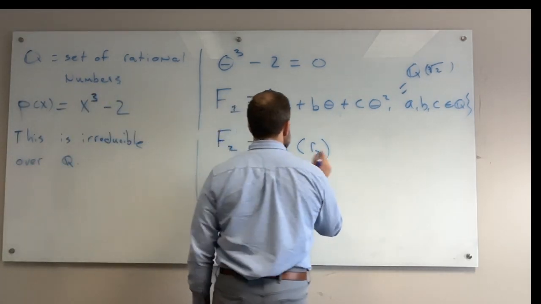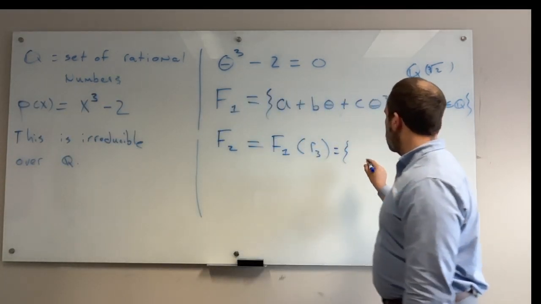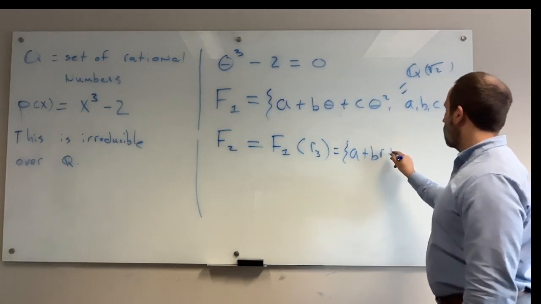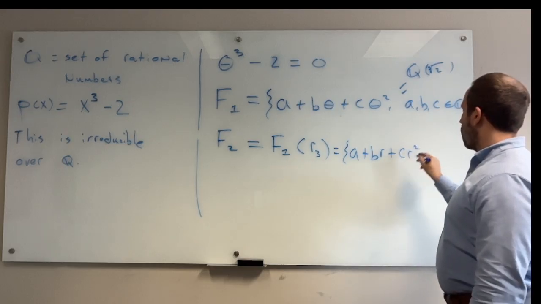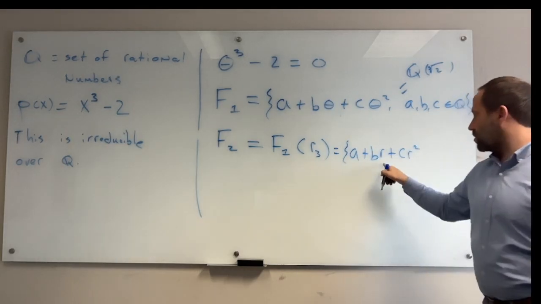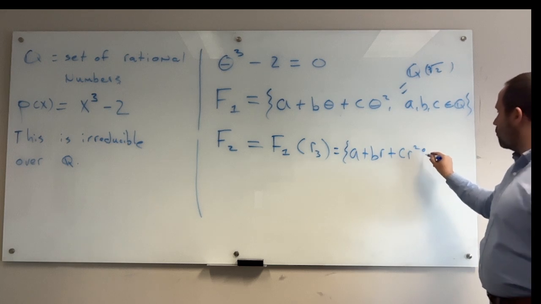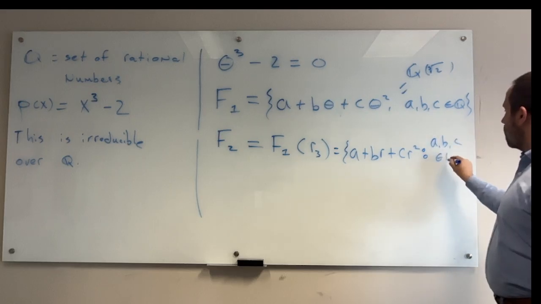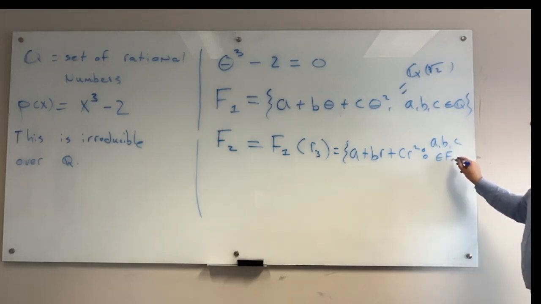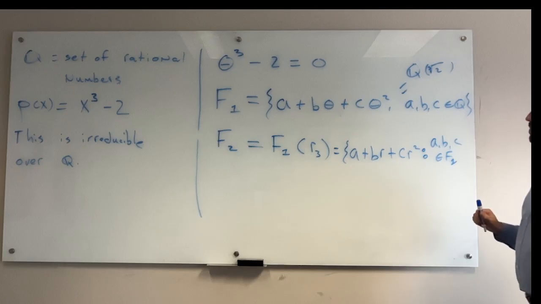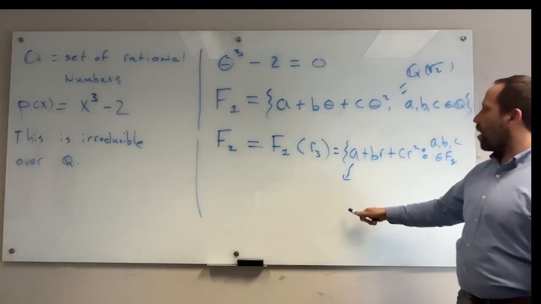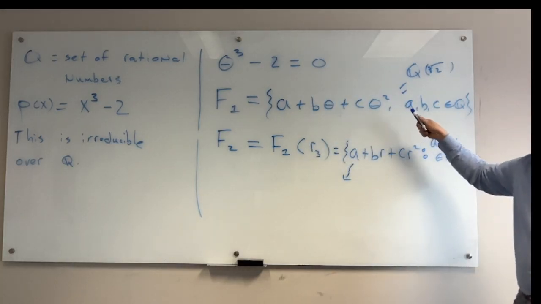So what I'm saying is this right here is going to be elements of the form A plus BR plus CR squared. Just assume there's a 3 there, so we know it's the third root of unity, where A, B, and C are in F1, in this field. And now for each one of these, we're going to write it in this form right here.